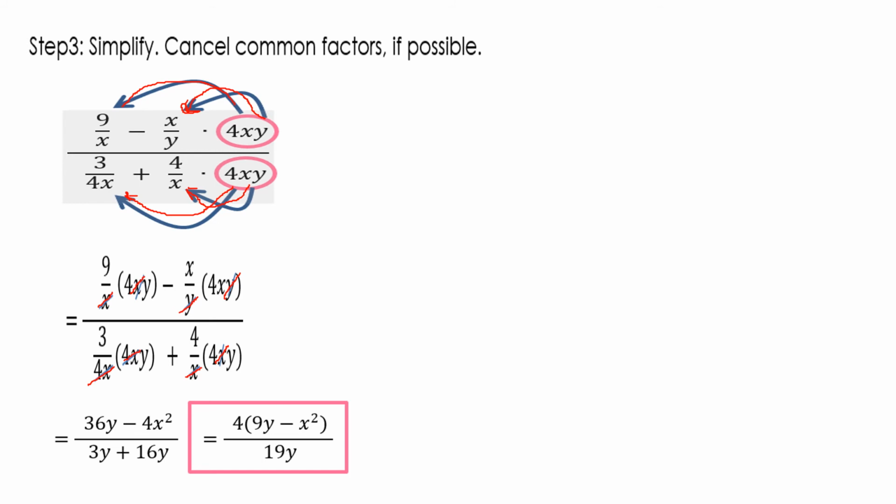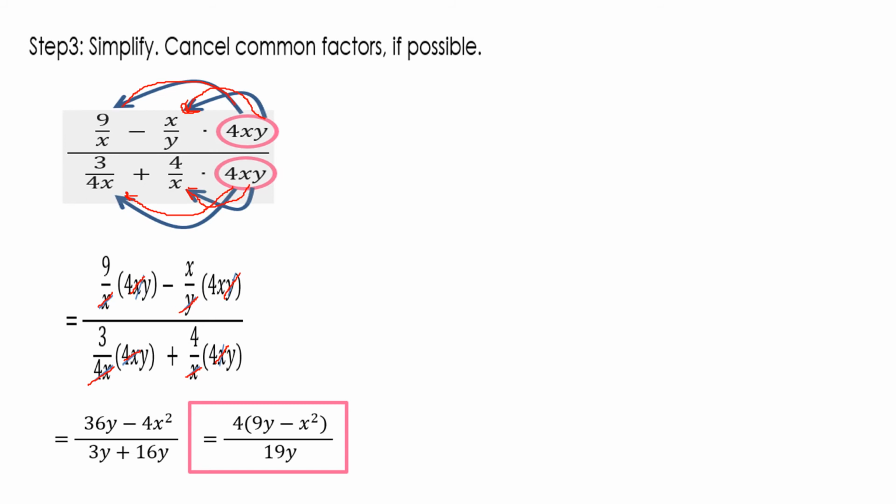9 times 4, that is 36, times y, so we have 36y minus x times 4, that is 4x. Okay, so we have here x times 4x, so that is 4x squared.